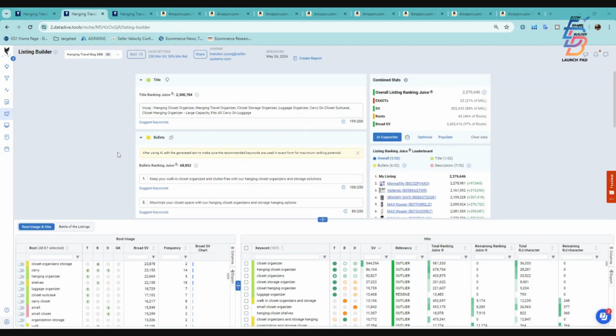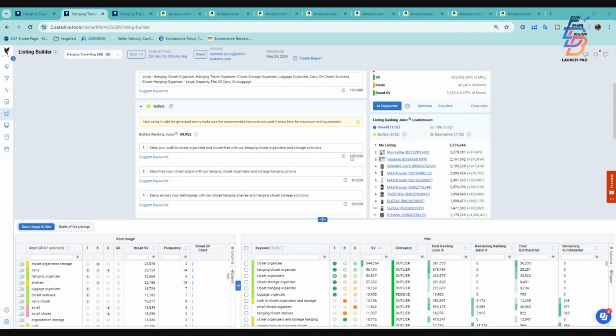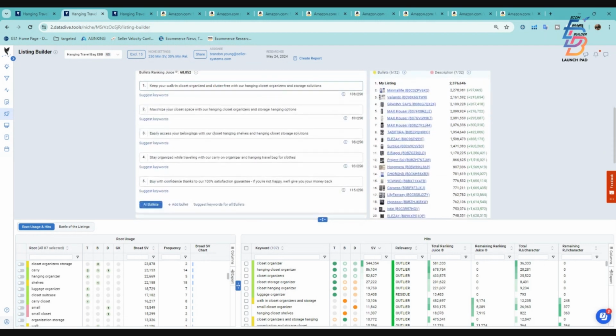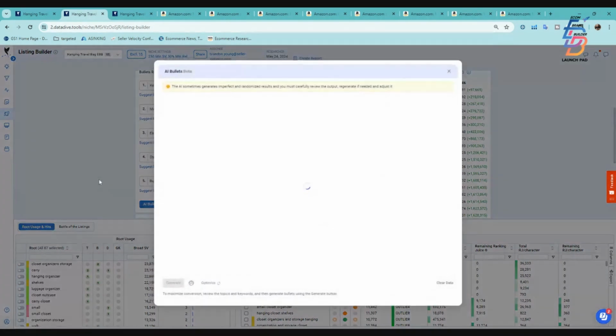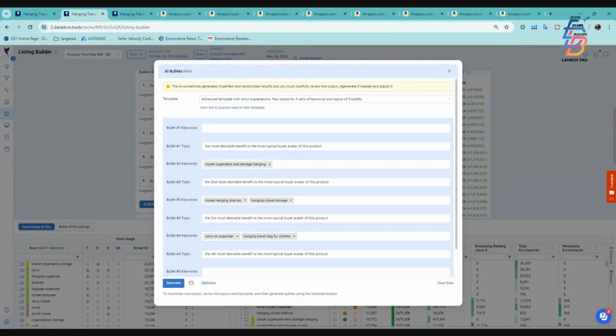They didn't change this, but they did change these, and you can increase this. So if we go into the AI bullets, here's where we get to really have some fun. The most desirable benefits and the most typical buyer of this product.